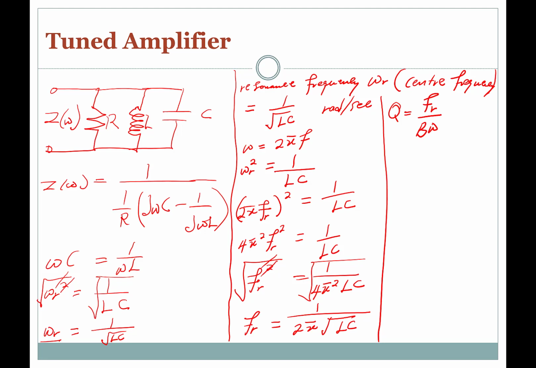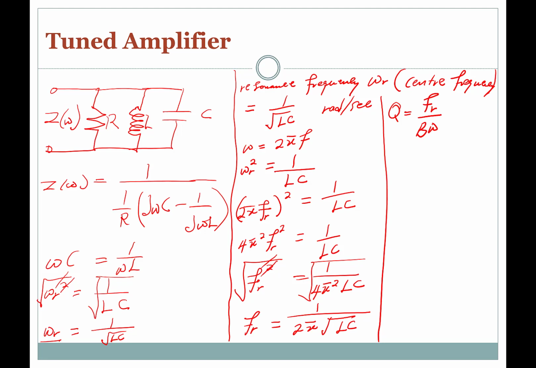In most cases, if we are going to determine the Q based on the component values, we are looking at the resistance and the inductance of the circuit.